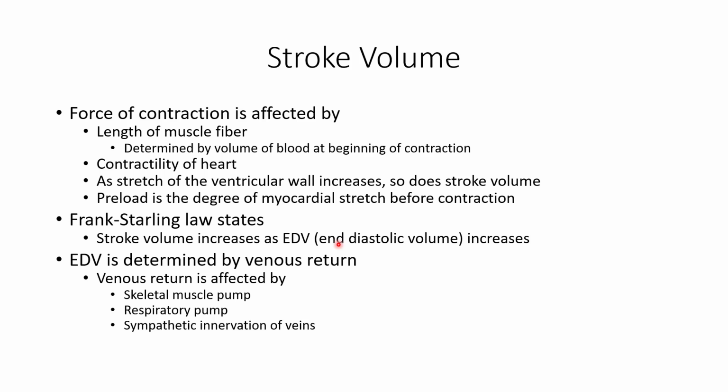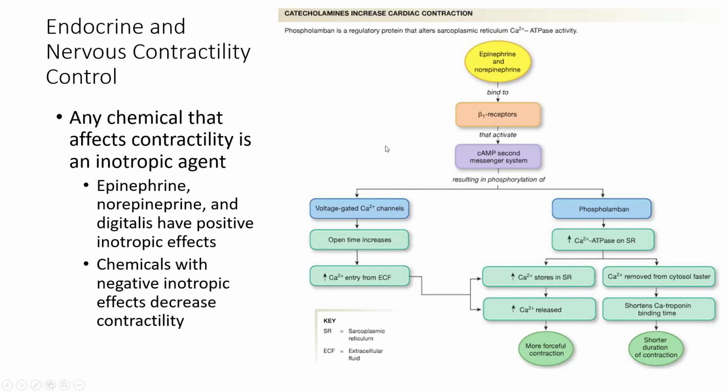Well, that's the venous return. Venous return is influenced by both the skeletal muscle pump and our respiratory muscle pump, and all of our blood vessels are under sympathetic innervation. So the heart is under control by both the endocrine system and the nervous system.